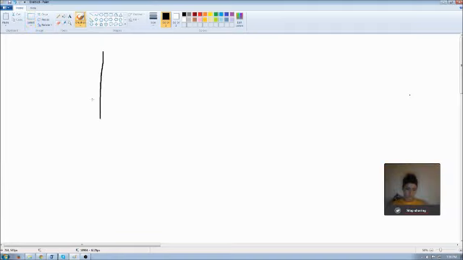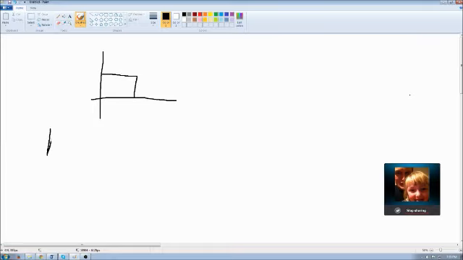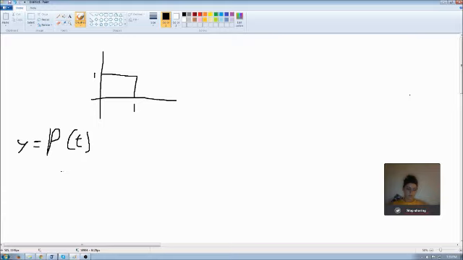So if I have this function, I'm just going to call it P of t. This is at 1, this is at 1. And your amplitude is equal to P at t. How might you go about amplifying the signal?